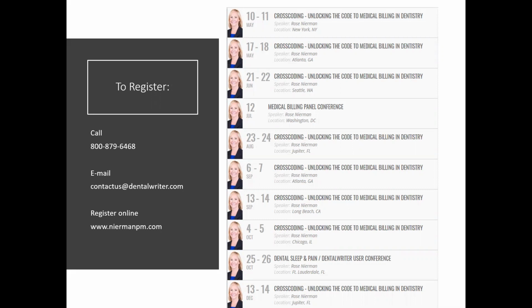Many HMO plans are set up that way. Without a gap exception, which means asking the insurance company to honor the patient's in-network benefits even though you're out of network, for a patient that only has in-network benefits, there is no coverage. That's going to be the main situation.